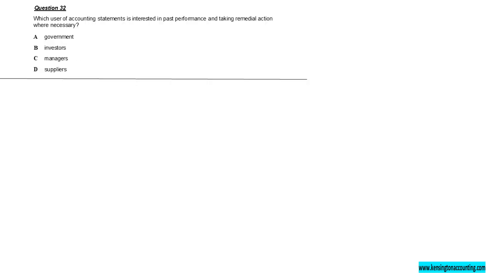Question 32 deals with uses of accounting statements, and essentially which of these four users would be interested in past performance and would be interested in taking remedial actions where necessary.